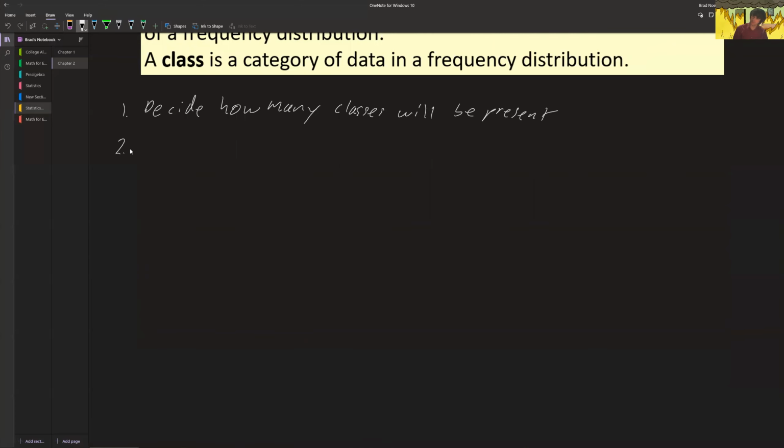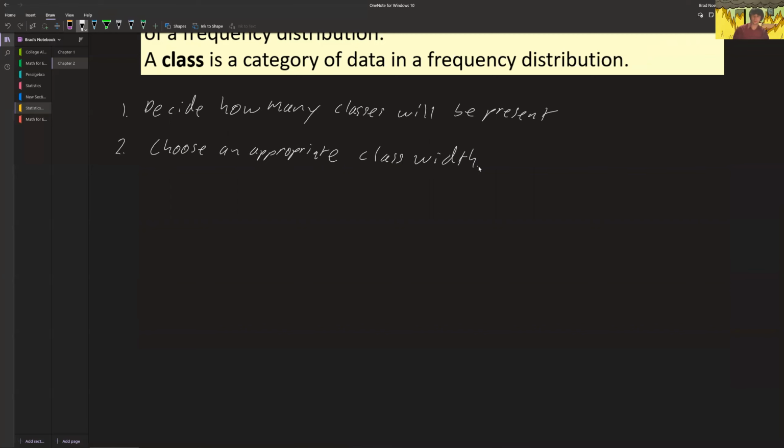Then our second one is to choose or define an appropriate class width. Now, what this means is, well, how wide do we want our class width to be?